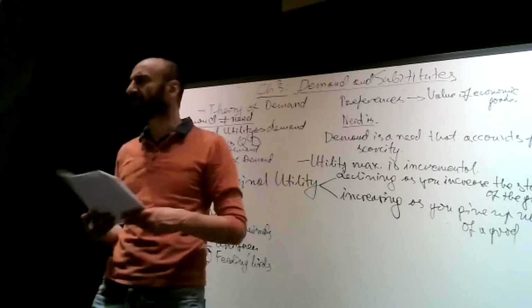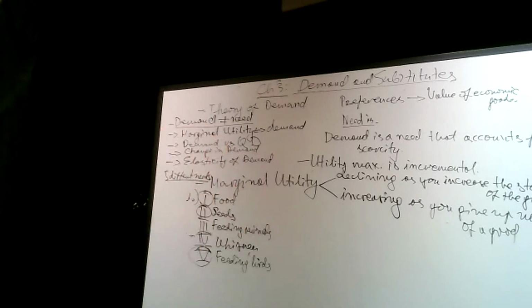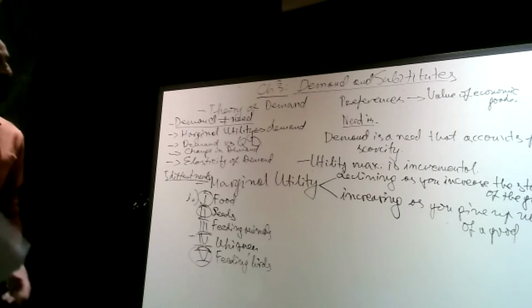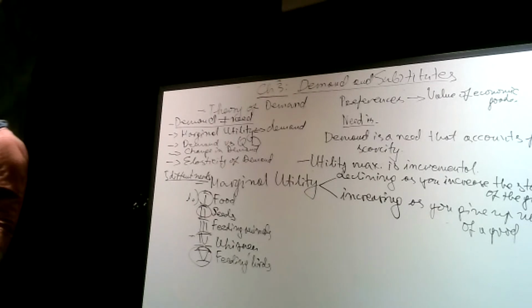So it's the same principle, whether you're talking about one good satisfying multiple needs or multiple goods. Marginal utility of that particular thing declines when you increase the stock of the good, and it is increasing as you decrease the available stock.